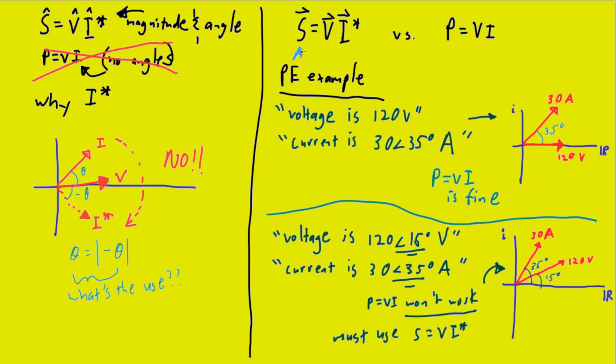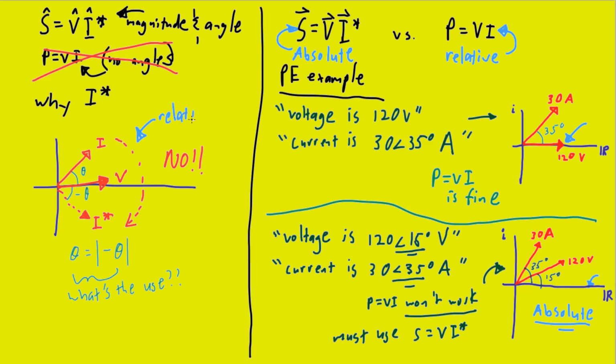The S equals VI conjugate formula begins in absolute scenarios. So we know the conjugate, graphically speaking, really means to pivot around the absolute x-axis, while the P equals VI formula begins in a relative scenario, a scenario assuming voltage to be the reference, which means that the conjugate in that circumstance accomplishes nothing, as we've already shown.